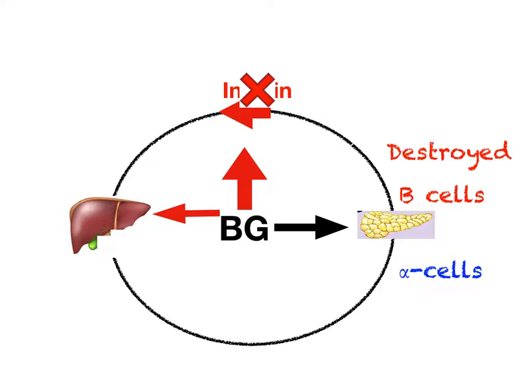Not only that, but because the blood glucose is not used by the body, the body will be oblivious to the higher level of blood glucose, and it will receive it as if blood glucose is deficient. So what happens is the alpha cell will be called into action, more glucagon, and then more rise of blood glucose secondary to glycogenolysis by glucagon.